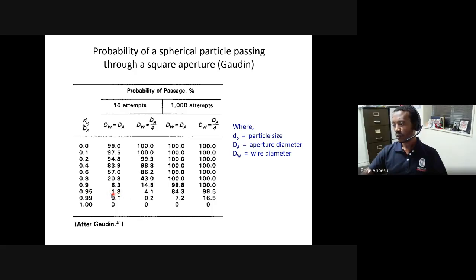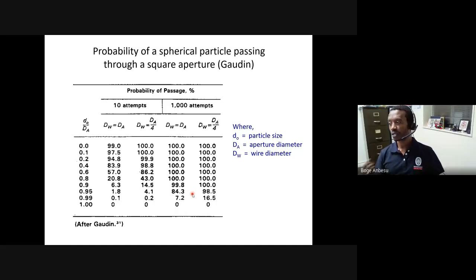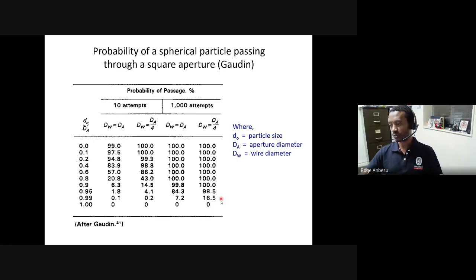In that case, the probability of passage reduces significantly. So for this close size particle to pass, you need to present it many times. You need to give it longer screening time maybe, or you need to increase the shaking motion and so on, so that that particle is presented many times, and hopefully, again, you give it the opportunity to pass through.